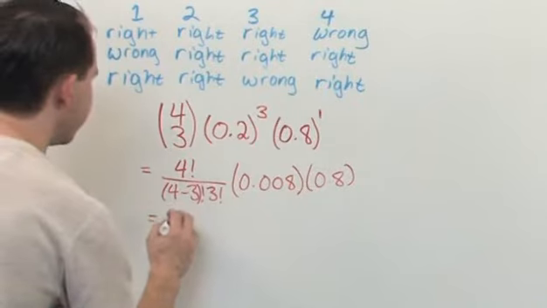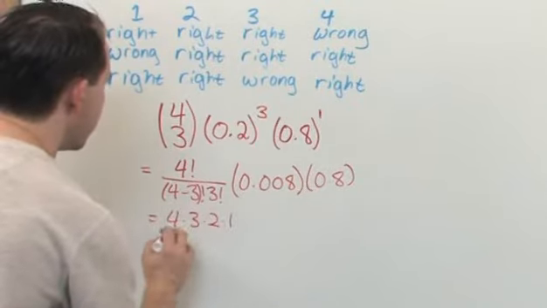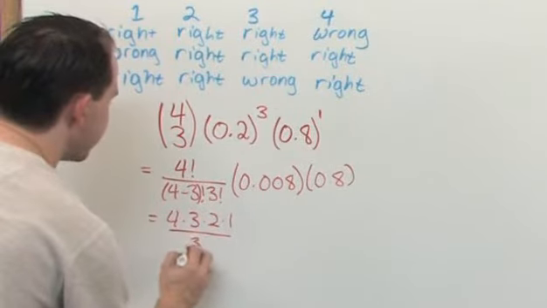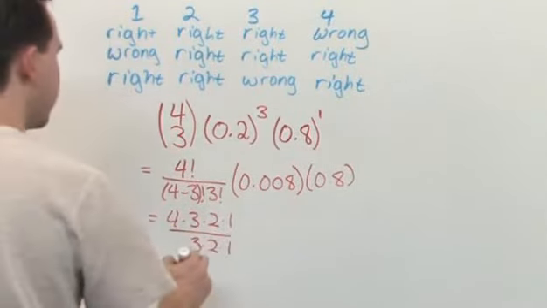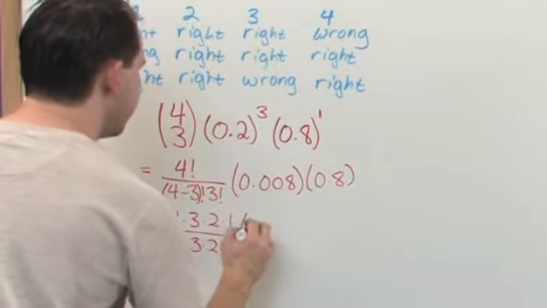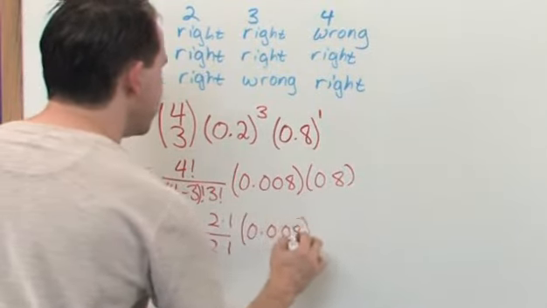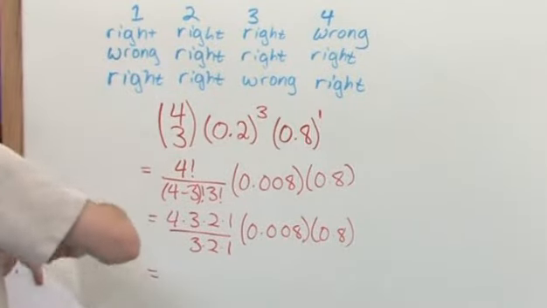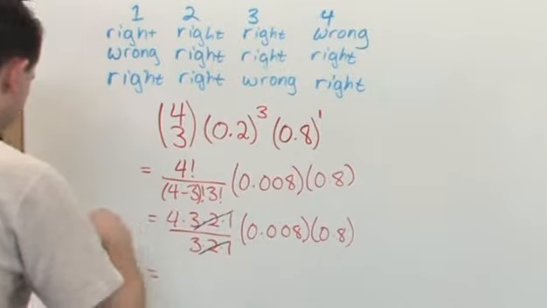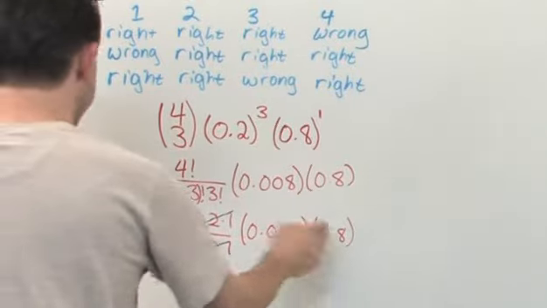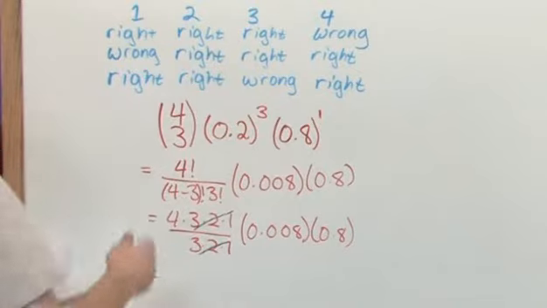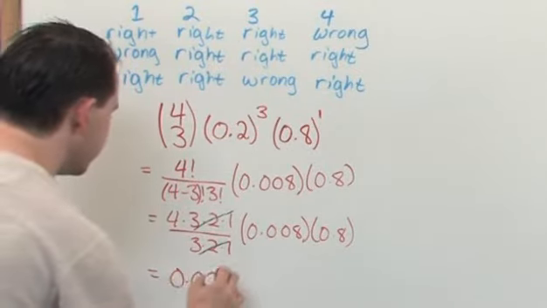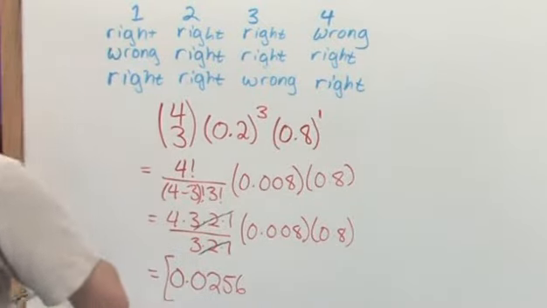So you're going to have 4 times 3 times 2 times 1 over, and on the bottom, since this is 1 factorial, it disappears. Over here, you're going to have 3 times 2 times 1. Then you're going to be multiplying by 0.008 and 0.8. At the end of the day, for these factorials, all this stuff's going to cancel. So you're going to have 4 times this, and when you actually do all of that, the total answer is 0.0256. That is the total probability of doing that.